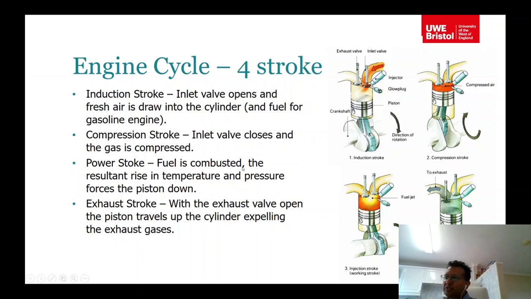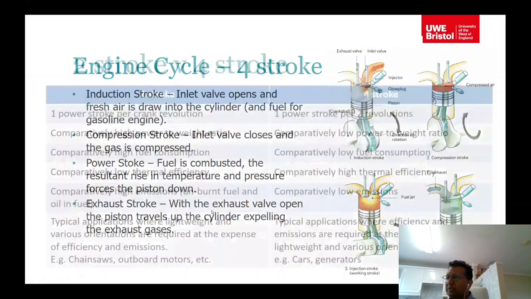Then you have the power stroke where at the top of the compression you ignite the fuel, or you spray the fuel, or you ignite the air-fuel mixture. Then the piston will be moved down, and then the piston will come up due to the inertia of the system, and then you open the exhaust valve and it will be expelled outside.